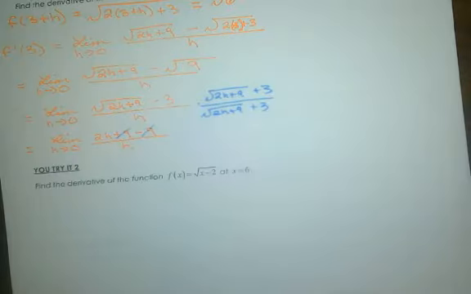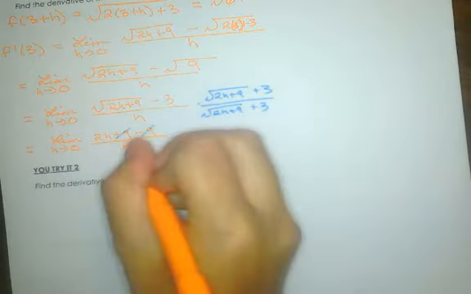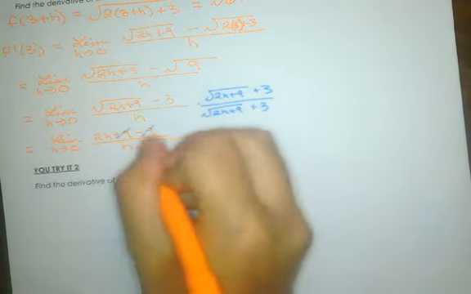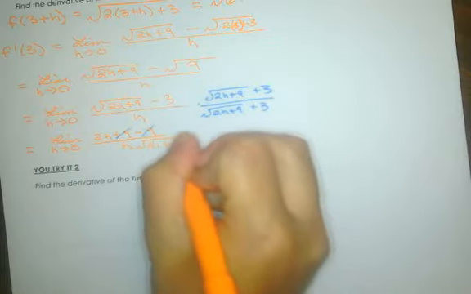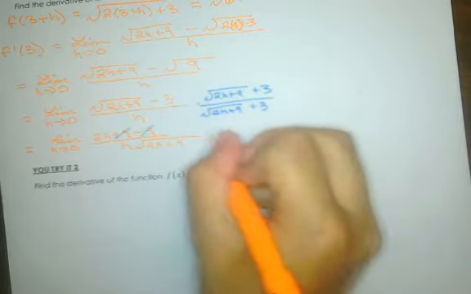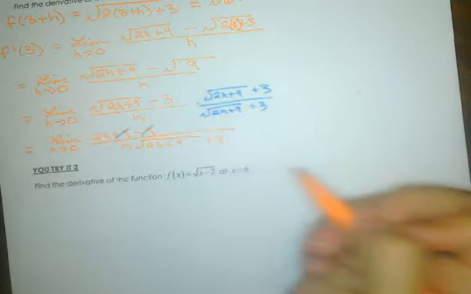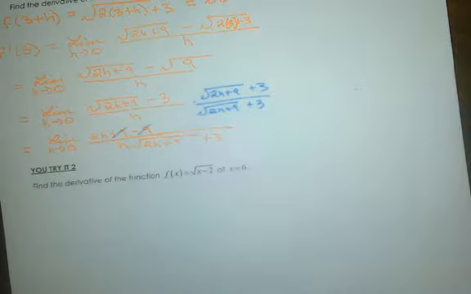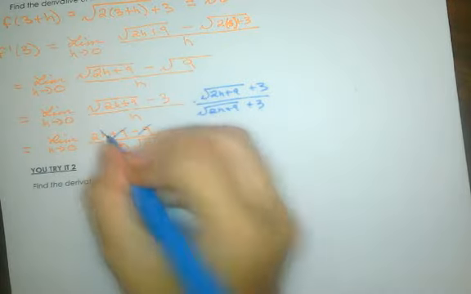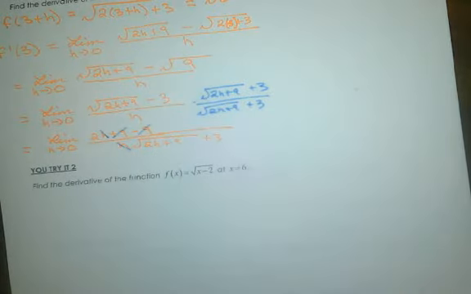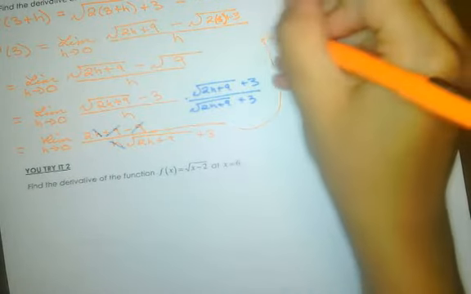Once those are done, oh, I still have my denominator. I lost the rest of this denominator. So I still have the square root 2h plus 9, and then I still have that plus 3 out there. So those cancel, and then this h cancels with that h. I'm running out of room, so I'll just go here.